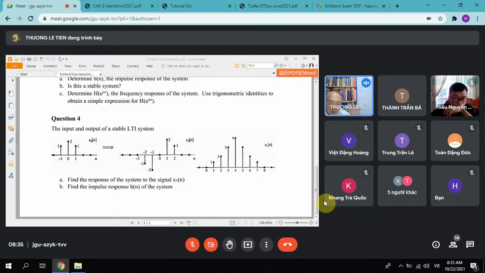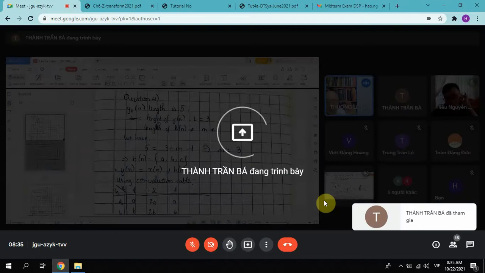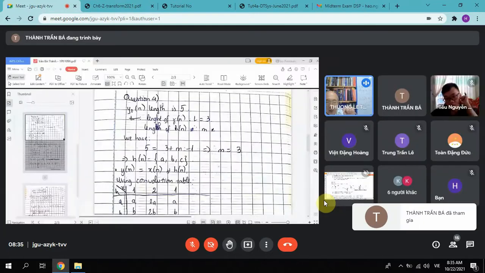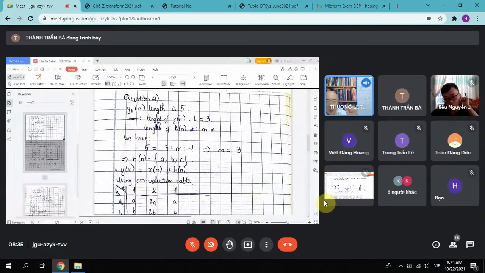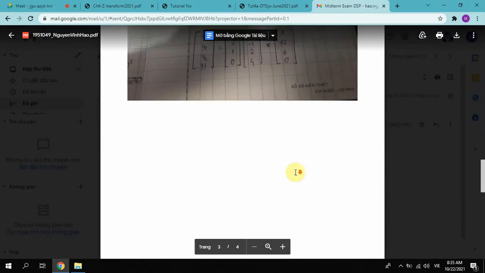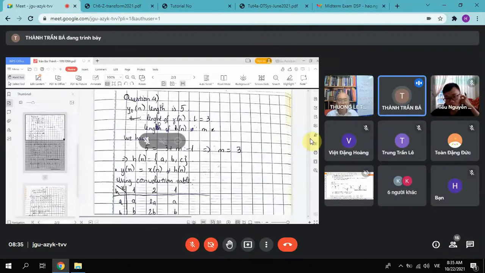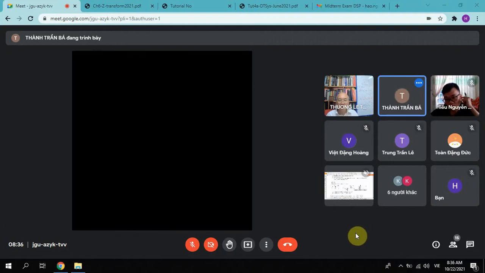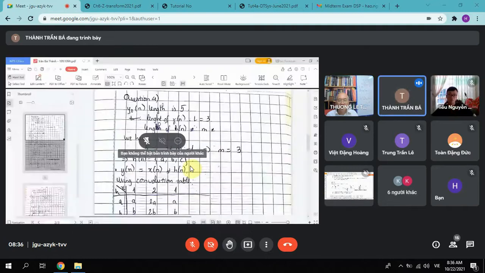Now, if you want to work out the response of the system to x1[n], the first step you should better write down the relationship between x0 and x1. First, to find the impulse response, I will find out the length of it. I will figure out the length of the x function.